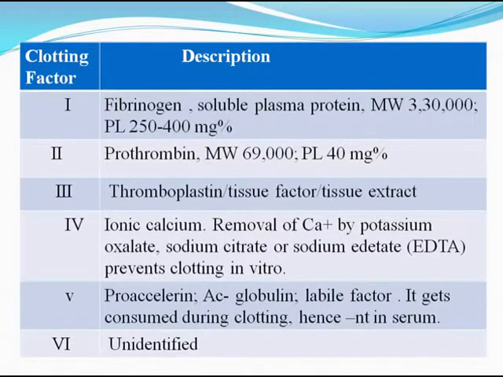The first clotting factor is fibrinogen. This is a protein. This converts into fibrin when blood clots. Its molecular weight is 330,000.